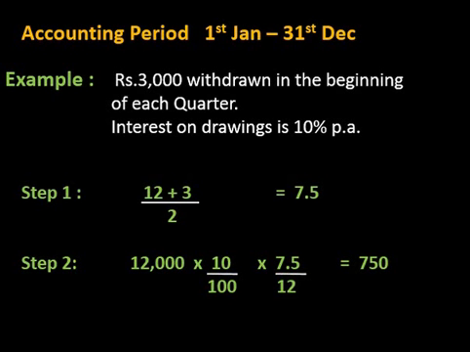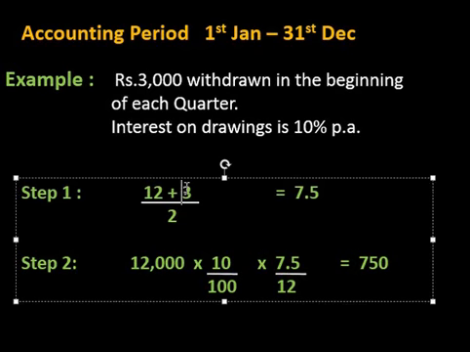If I'm withdrawing 3,000 in the beginning of each quarter, then the last quarter starts from the 1st October. It means on 1st October I'm withdrawing rupees 3,000. So October, November and December, there are 3 months. So time after last drawing will be 3 months. It means 12 plus 3 over 2. So my average period is coming 7.5.